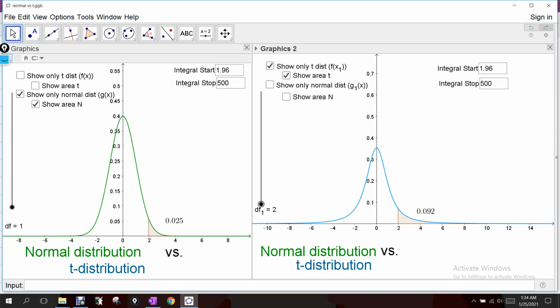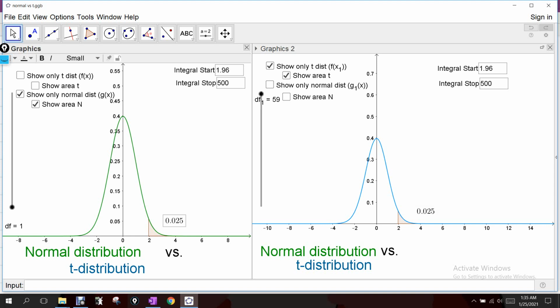So if I increase my sample size to 3, you see what happens to that 0.14 number. It decreases. So as the sample size starts to increase, the greater the sample size, the better the approximation that the t-distribution has to model that of the normal distribution.